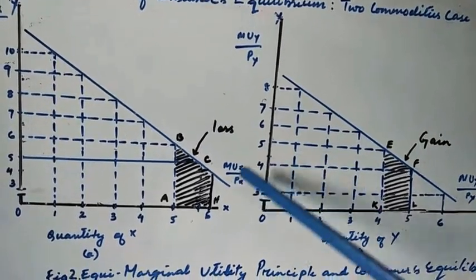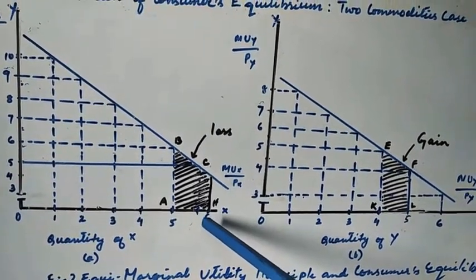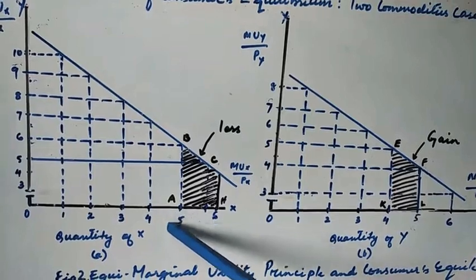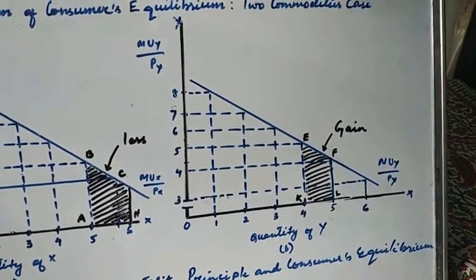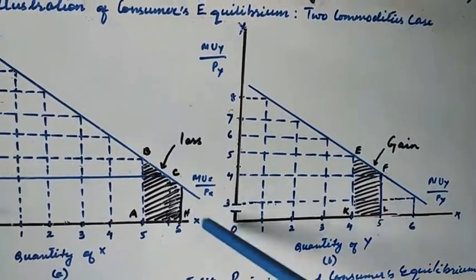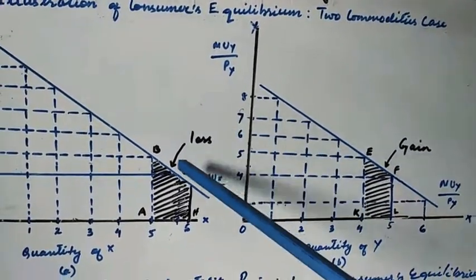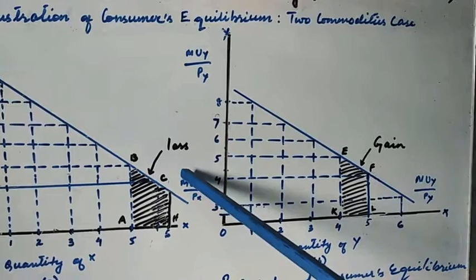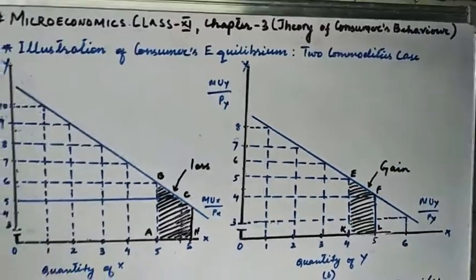That is, rearranging in a way that he is purchasing 1 less unit of good X and 1 more unit of good Y, the loss that he gets is greater than the gain that he gets.